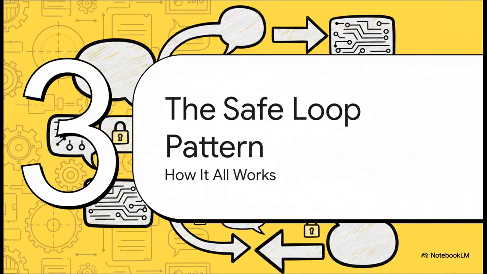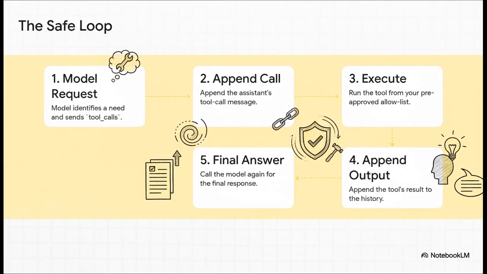Okay, so we've got the blueprint for the tool itself. But how does the actual back and forth between the model and our code work? This is where the safe loop pattern comes into play. It's basically the engine room that keeps this whole thing running smoothly and, more importantly, safely. So let's walk through just one turn of this loop step by step. First, the model decides it needs a tool and makes a request.